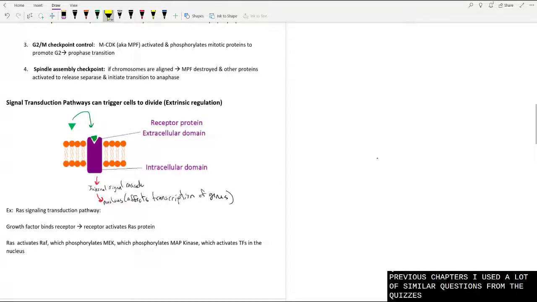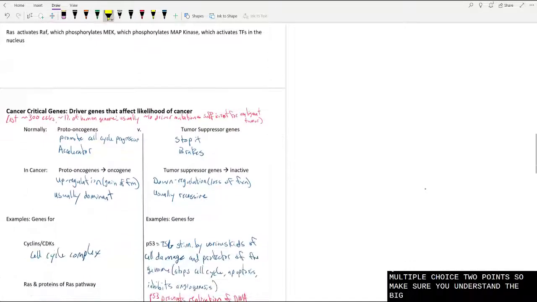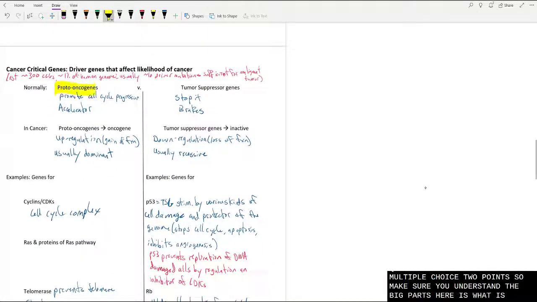So there are 28 points of multiple choice, and they're each worth 2 points. So make sure you understand the big part here: what is a proto-oncogene, what is a tumor suppressor gene, and how a proto-oncogene, when it becomes an oncogene, is usually a dominant mutation, and a tumor suppressor gene, when you turn that off, is usually a recessive mutation.